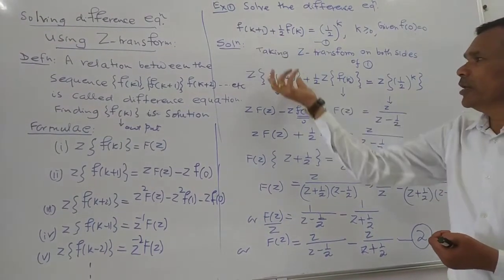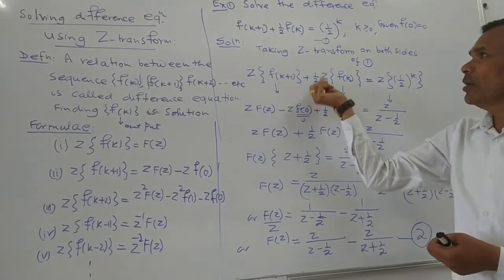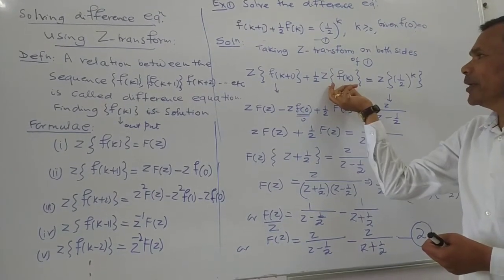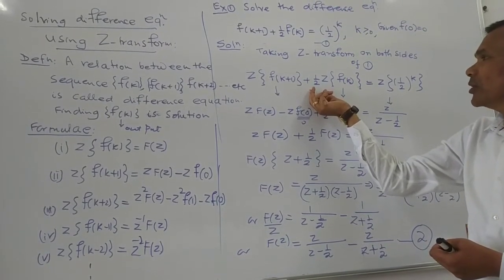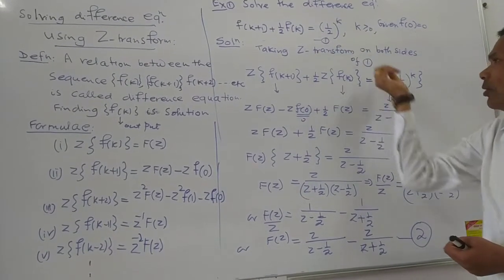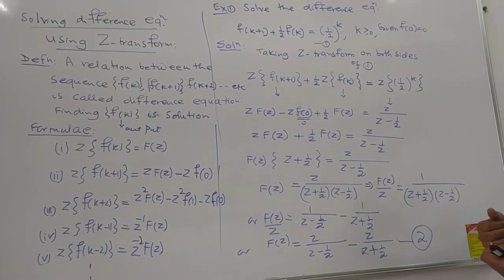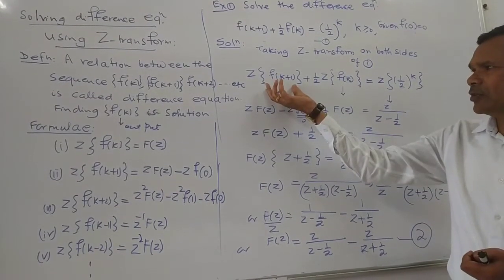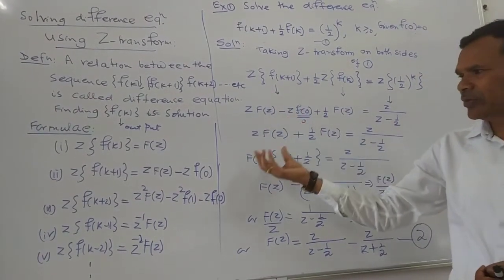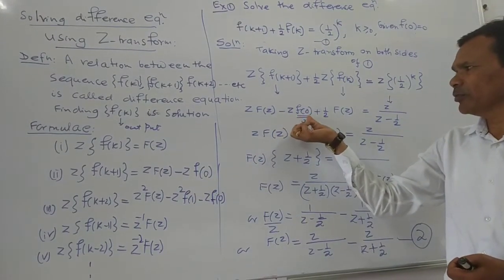So here Z transform is taken of f of k plus 1 plus half f of k. By linearity 1 by 2 is taken out, it is a constant, and Z transform of 1 by 2 bracket raised to k. So what we do further, we use the formula Z transform of f of k plus 1, Z f of z minus Z f of 0.